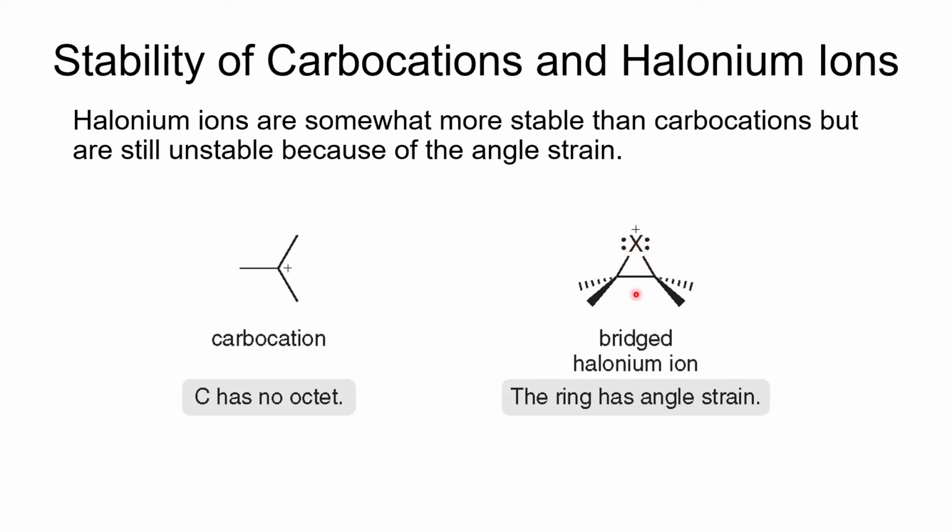Now, sure, it's a strained molecule, and it's unusual for the halogen to have that positive charge, but it has a full octet, whereas the carbon on a carbocation does not have a full octet. So it is more favorable for this halonium ion to form than it is to have a halogen adjacent to a carbocation. So this is more favorable.